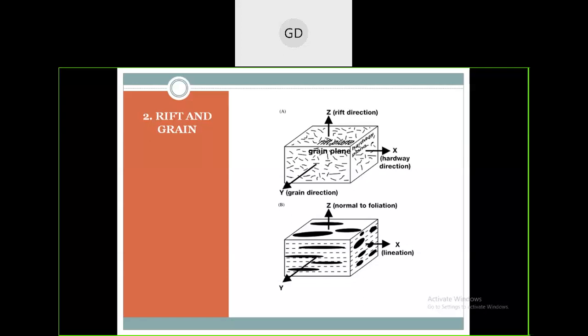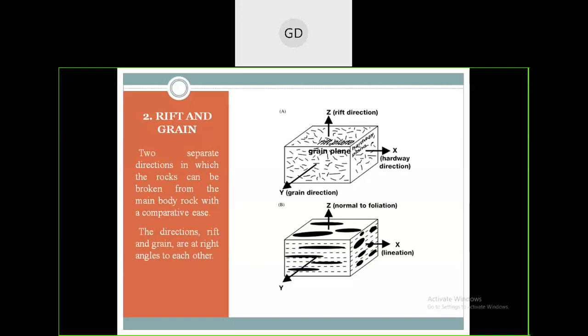In these directions, the igneous rocks can be broken from the main rock body. That is known as your rift and grain. The rift and grain are always at right angles to each other.